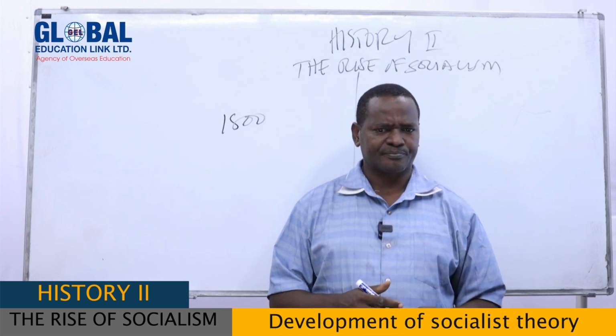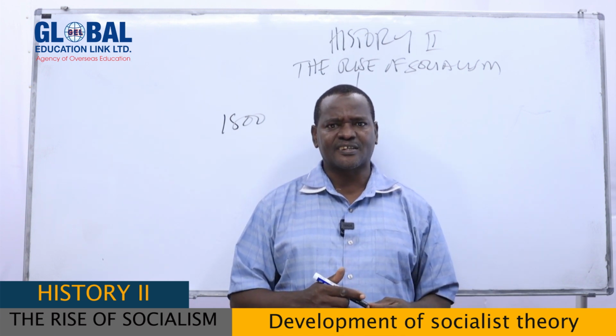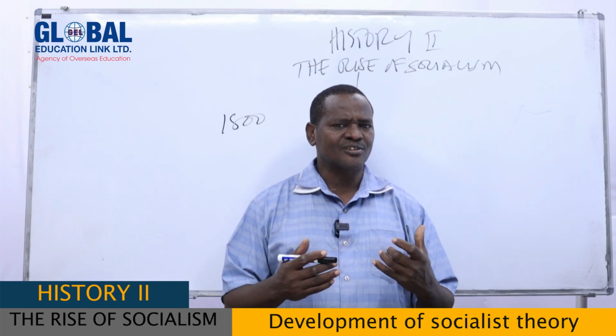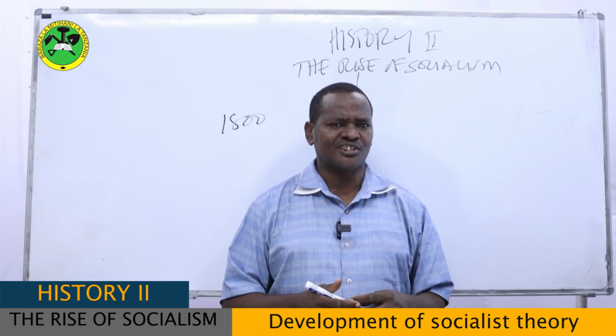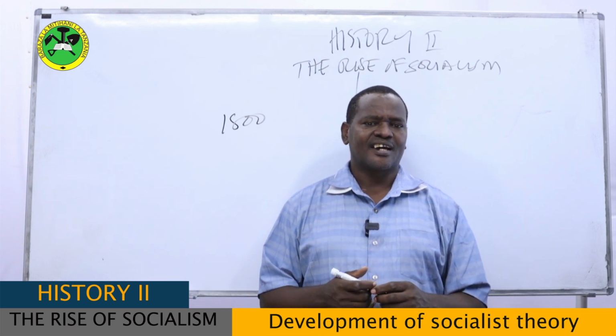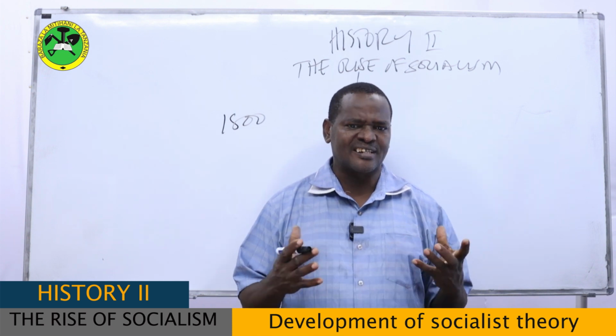Remember, my dear students, one of the things so highly spoken of by the scientific socialists is class struggle, and class struggle is the product of class consciousness. That means the exploited class should become conscious. After it has become conscious, that class will start to organize and do what Marx and Engels referred to as the violent revolution.